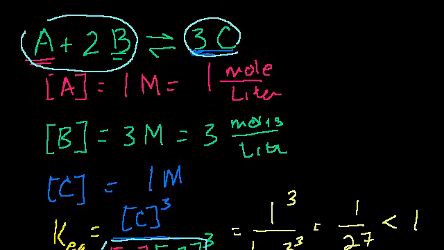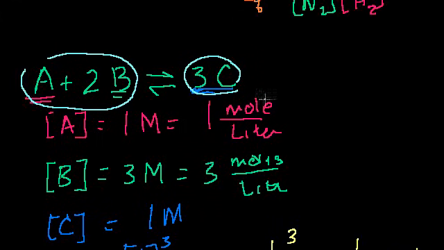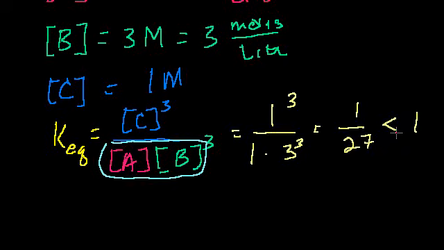Because we're left with a lot more of that, our equilibrium constant is less than 1, which means that the reaction favors the backward direction. Think about it: because there's more of this, the right to left reaction must be happening more than the left to right reaction, and that's why we find more reactant here. And that causes the equilibrium constant to be less than 1.